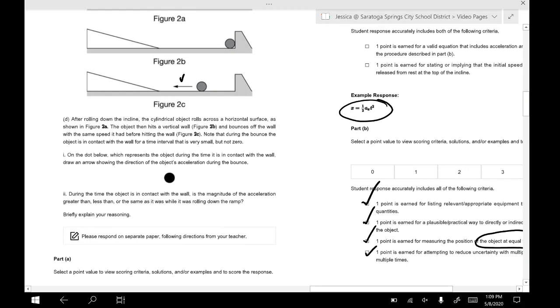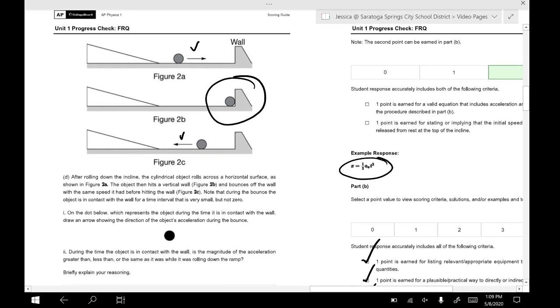On the dot, which represents the object during the time it's in contact with the wall, so this part here, draw an arrow showing the direction of the object's acceleration. Okay, so the direction of the acceleration is going to be the same direction as the force exerted by the wall. So the wall, in order to change the ball's velocity from moving right to left, has to exert a leftward force. So we should have a leftward acceleration.